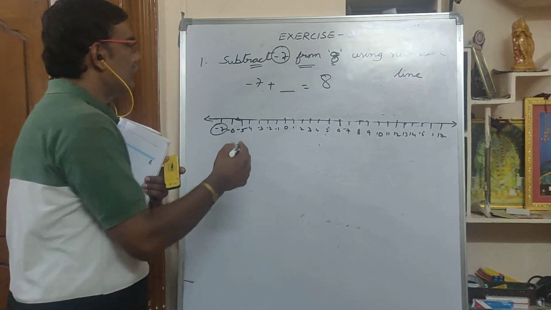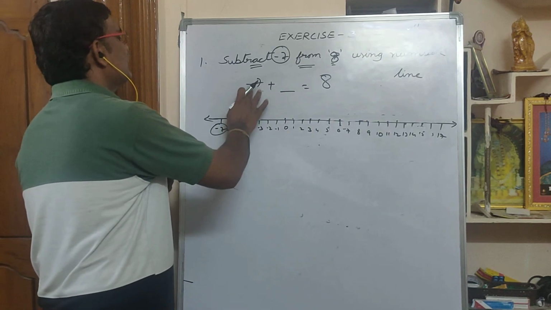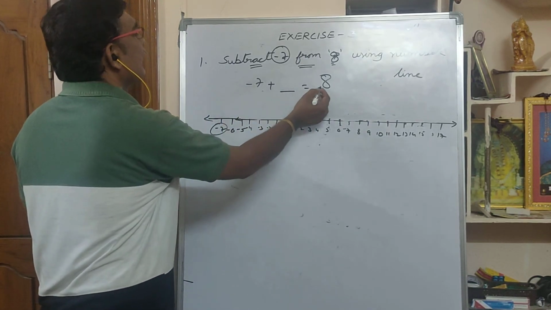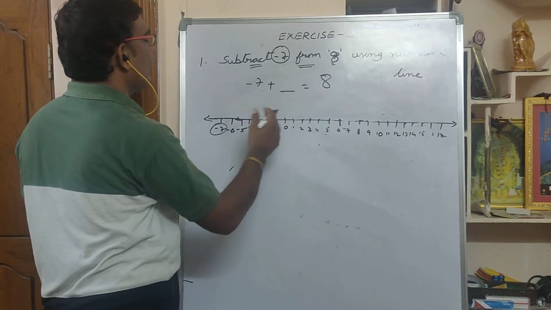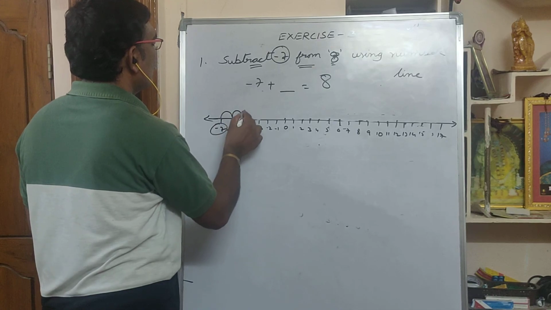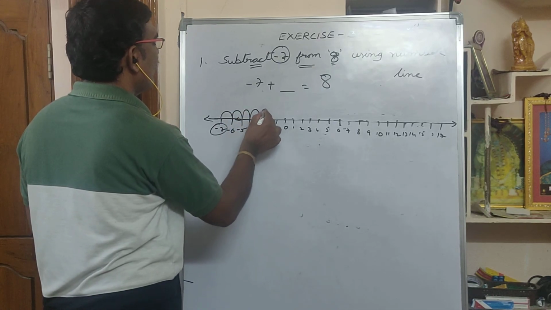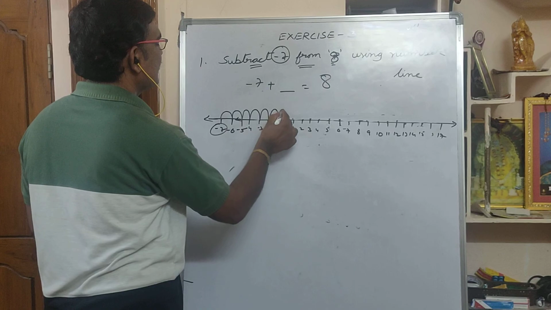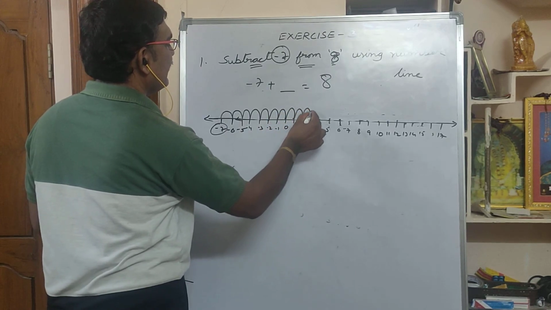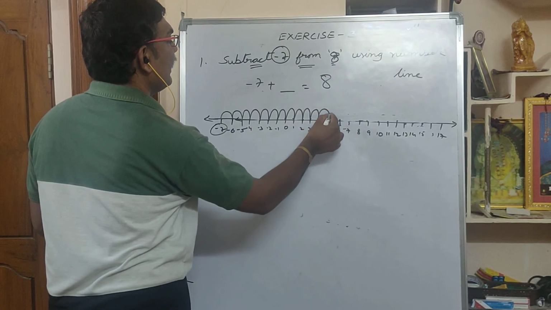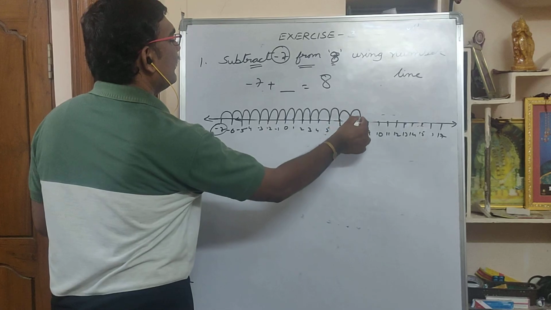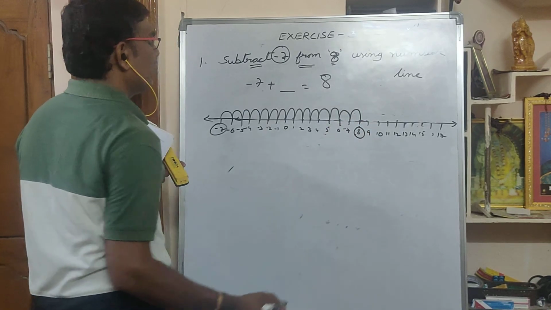Means what you have to do? Draw the number line. First digit minus 7. Start from here and count. 8 is there, on the right side only or not? So 1, 2, 3, 4, 5, 6, 7, 8, 9, 10, 11, 12, 13, 14, 15. 8 you got it here.